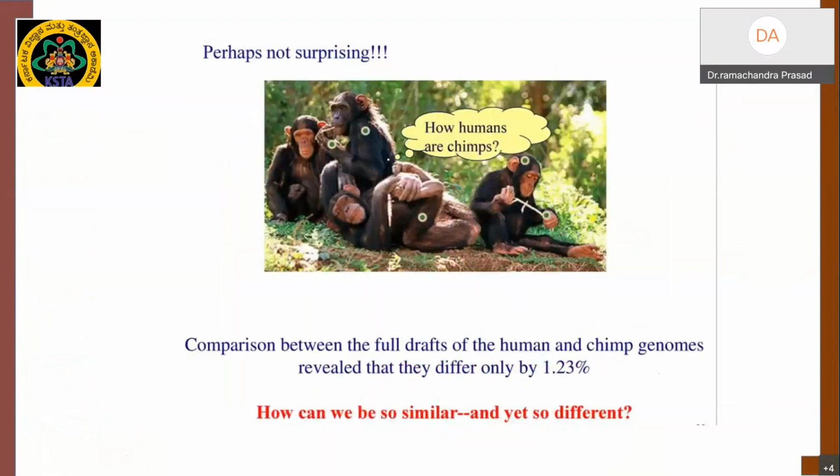But this small difference makes a huge difference at the structural level. So how can we be so similar yet so different? Scientists are trying to understand just this 1.23% difference between one genome and another.